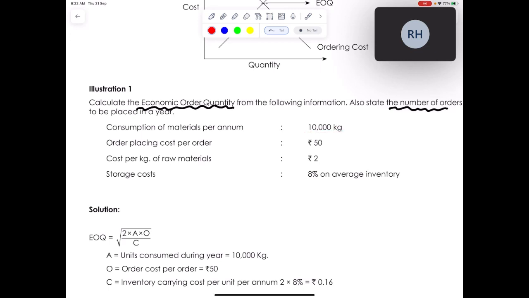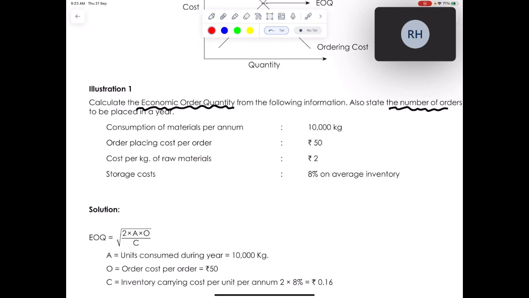If I go with the formula, my annual requirement is 10,000. If I go without the formula, even then my annual requirement is 10,000. Both methods are related to how much quantity to order in a single time.